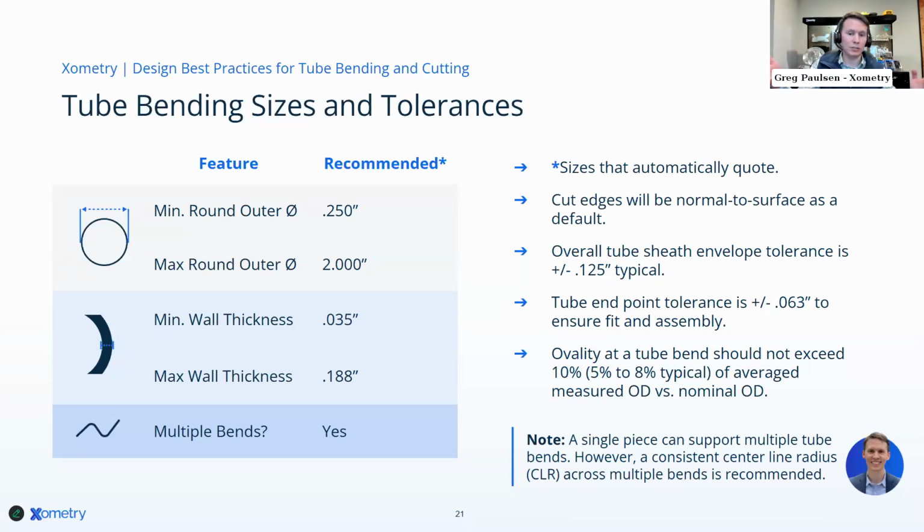When you're talking about tube designs and manifolds and anything else, what's most important is: is this end going to meet there, and is the other end going to meet where you need it to be in this assembly? So we have tighter tolerances on the end points of those designs by nature. That's also why we ask for a technical drawing along with your tube: we really want to understand the critical features and use those as guidelines during manufacturing.